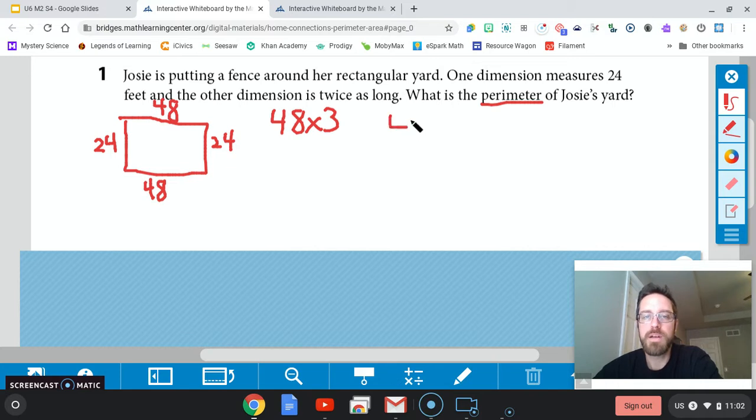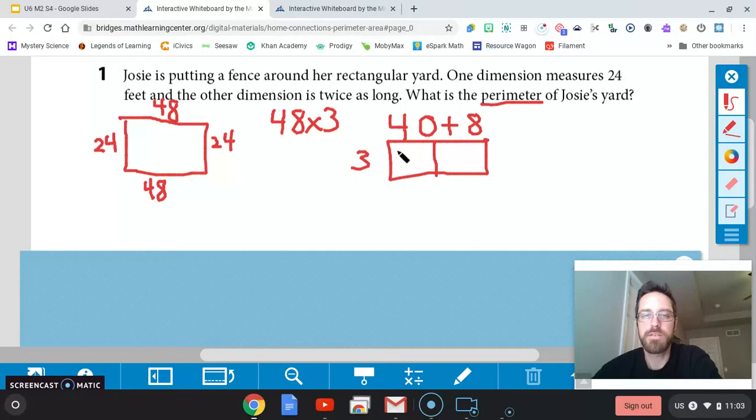But since we're talking about multiplication and division, I'm going to use the area method to set this up. 40 plus 8. And then since it's a double digit by a one digit, I only need one row times 3. So 3 times 4 is 12 with a 0. So times 10, that would be 120. 3 times 8, again, basic facts, is 24.